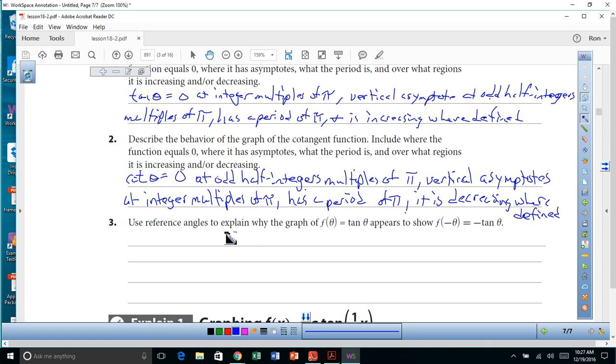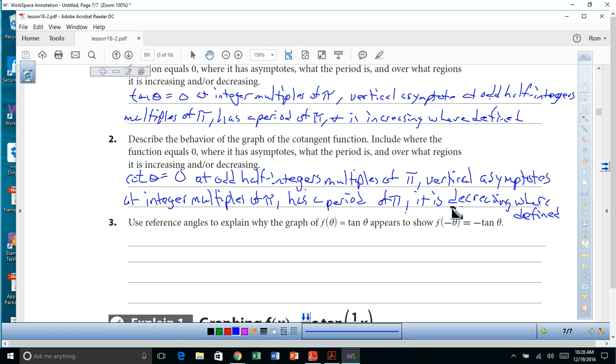Okay, good. Use reference angles to explain why the graph of f of theta equals tangent theta appears to show that f of negative theta equals negative tangent theta. The reference angle for an angle negative theta in quad 4 is the angle theta in quad 1, and the tangent of negative theta is the opposite of the tangent of theta.